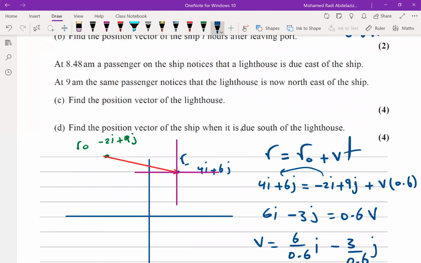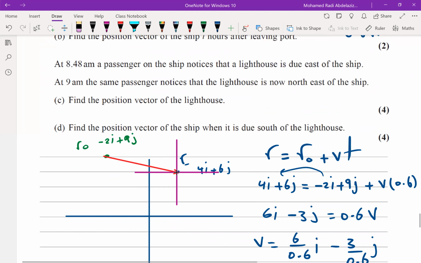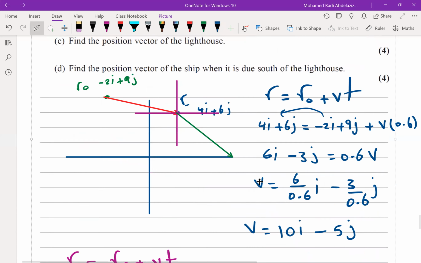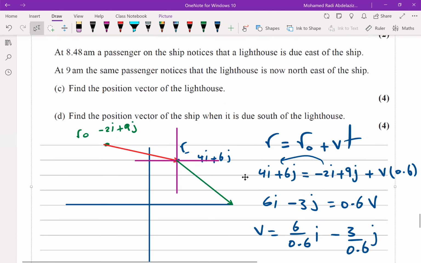In the third part, at 8:48, a passenger on the ship notes that the lighthouse is due east of the ship. So the direction of the velocity, when it is moving in this direction, is 10i and -5j.